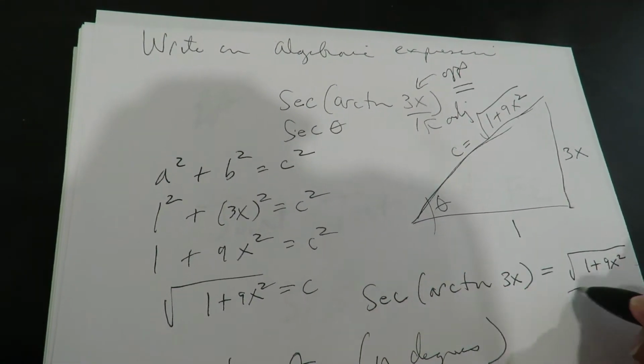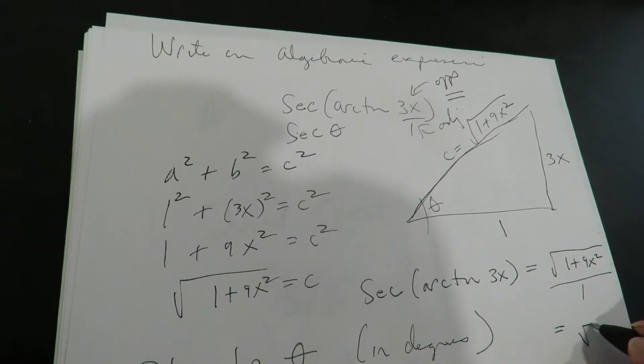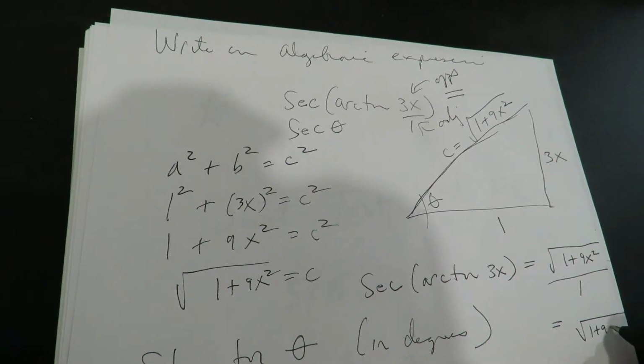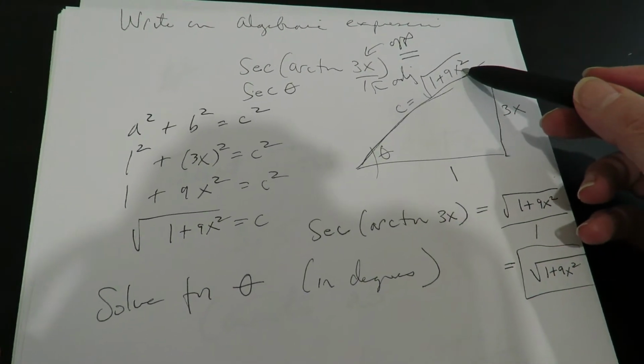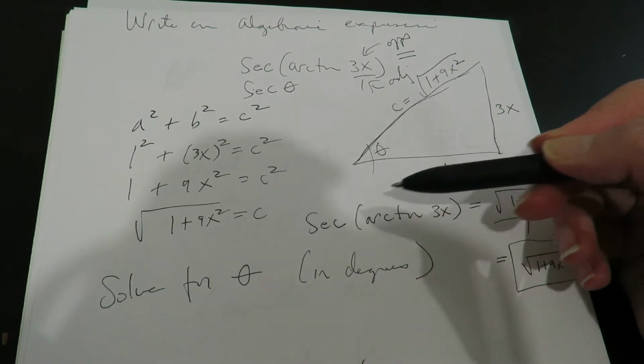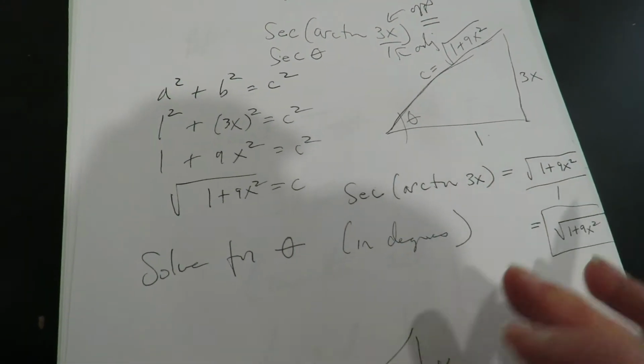So it's just the hypotenuse over 1, because that's what the secant is, and we could just simplify it to that.